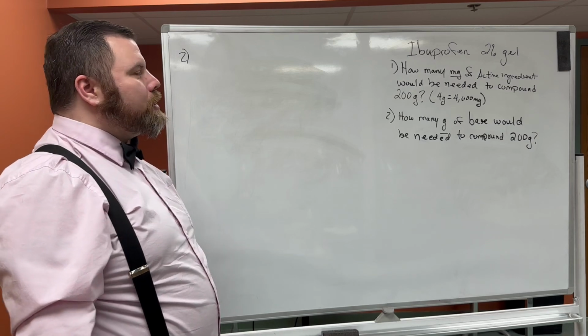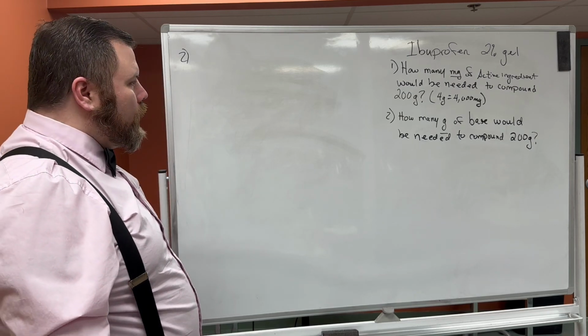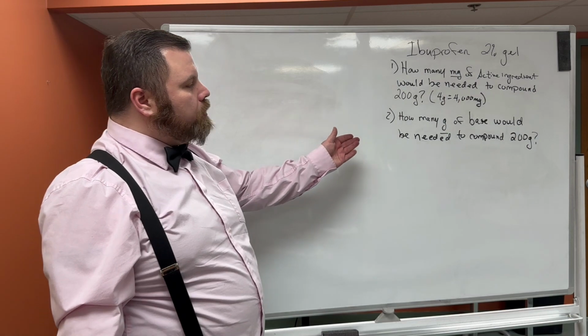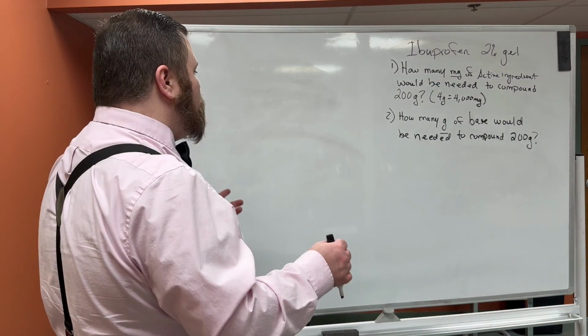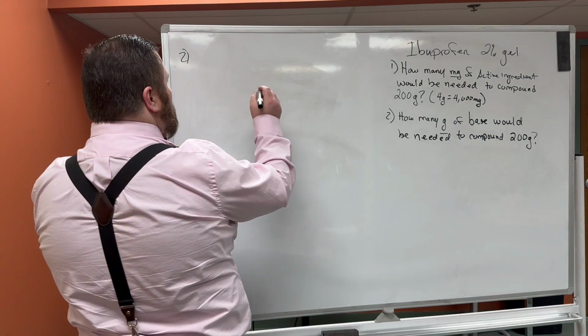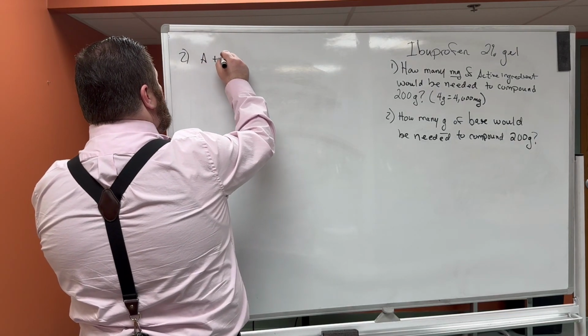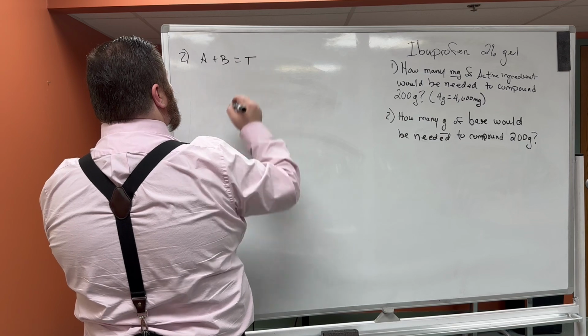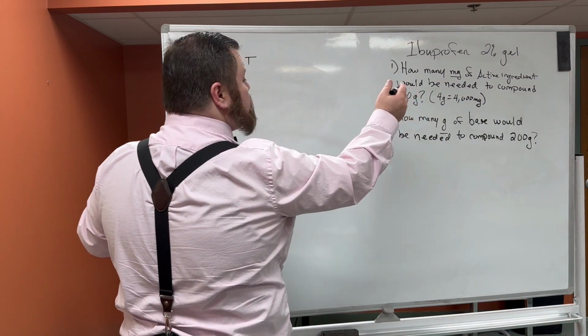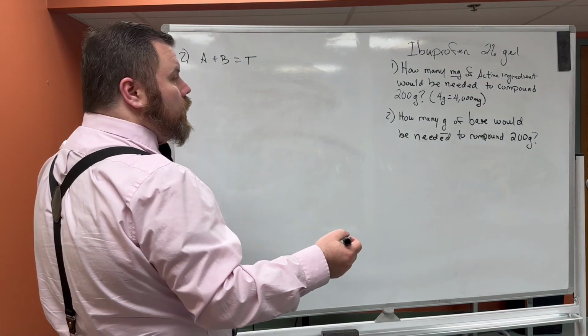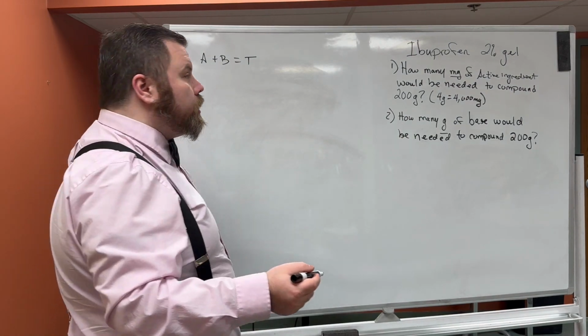So the second part is pretty straightforward. Here we ask how many grams of base would be needed to compound the 200 grams. Well, that can be calculated using a simple formula of active plus base equals total. Before, in problem 1, we asked specifically how many milligrams, but that can just as easily be translated to grams here.